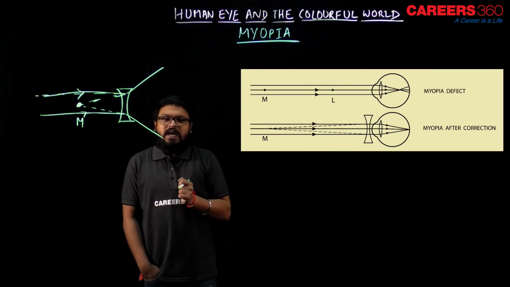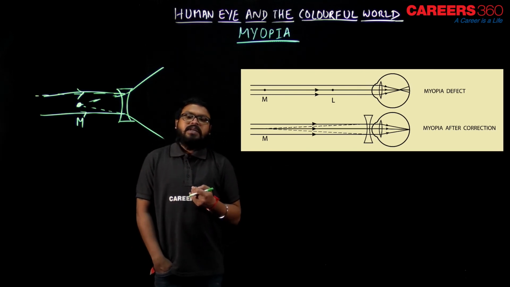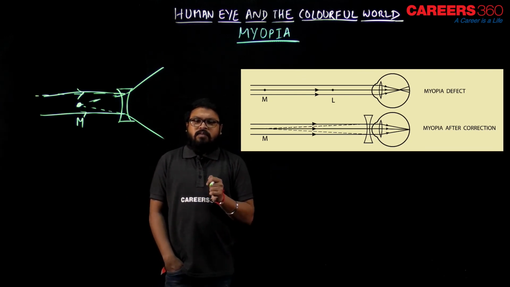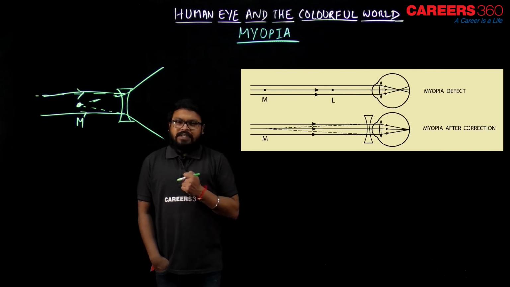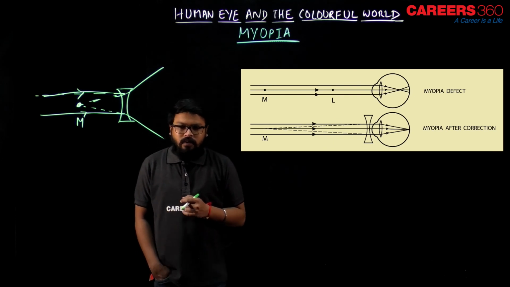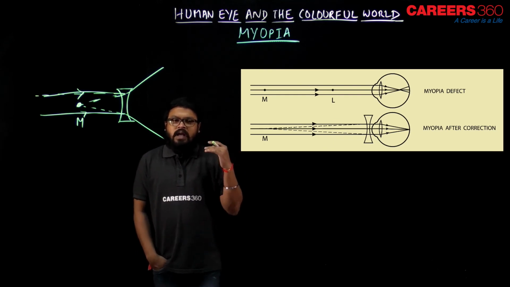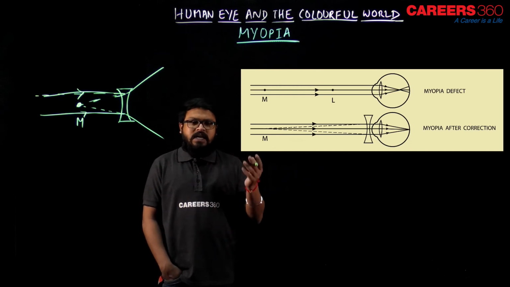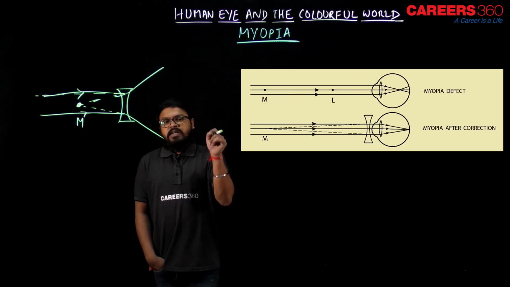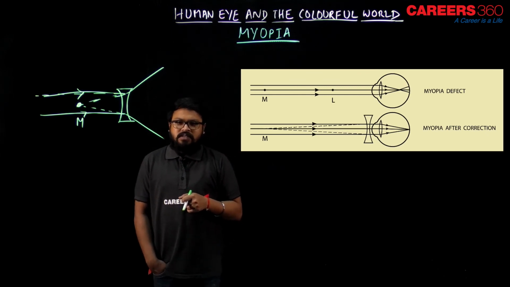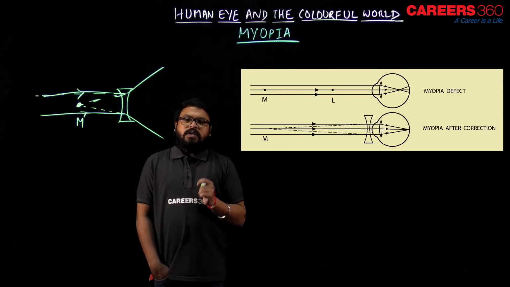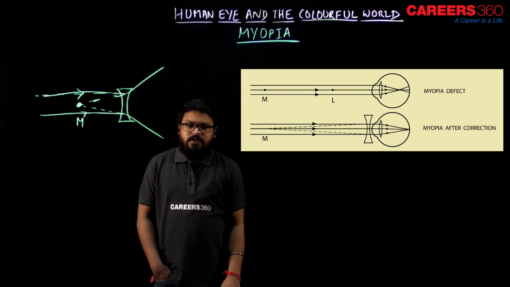Now that object for the eye lens is nearer, and we are able to see near objects despite the myopic defect, isn't it? So since the image formed by the concave lens acts as an object for the eye lens, now we can see the image at the retina wall. The image formed by the eye lens is at the retina wall because the object is now at point M, which is the image of the concave lens. So this way we can correct the myopic defect of vision, right?